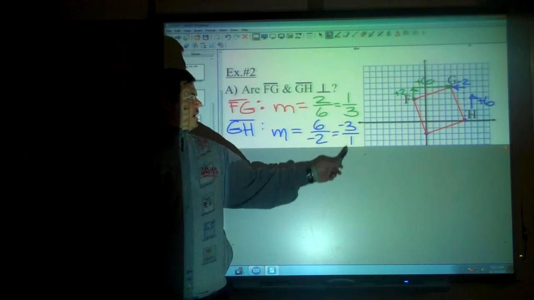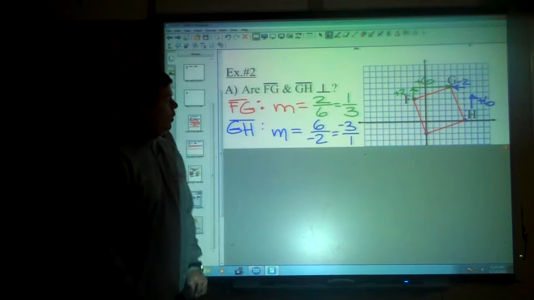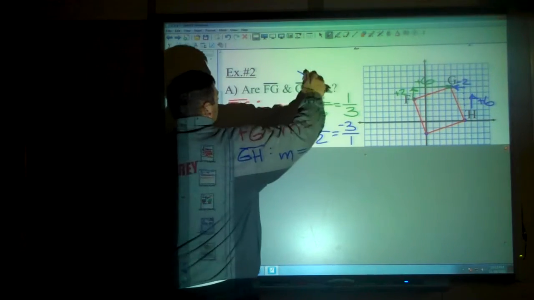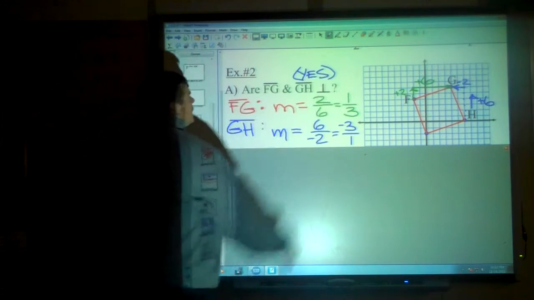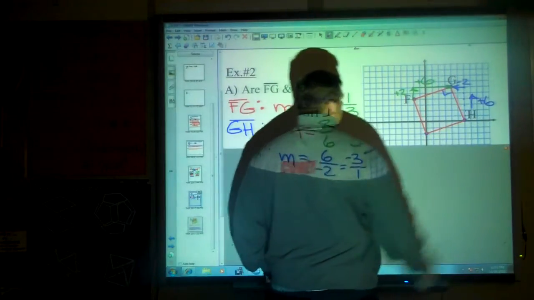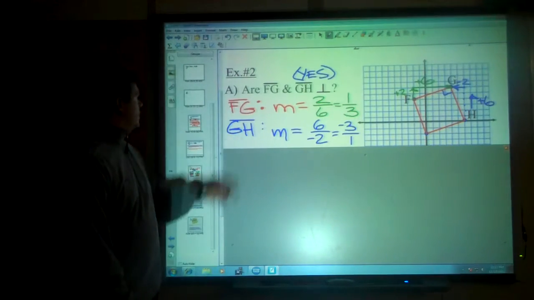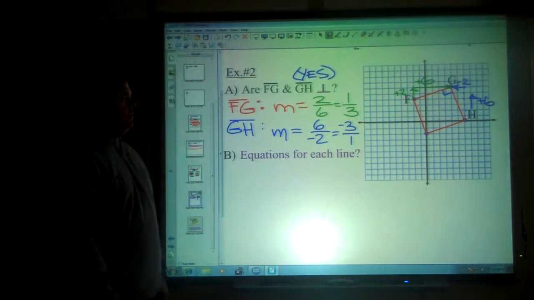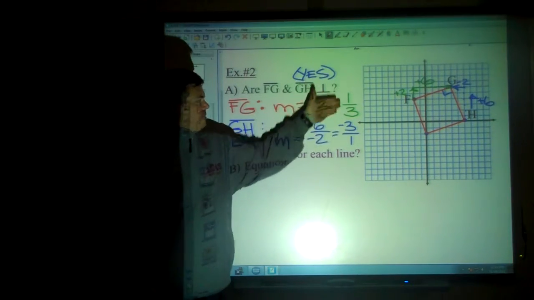They are opposites and they are reciprocals. Therefore, they are perpendicular. Yes, they are going to come together at a 90-degree angle. They are perpendicular. As far as the equations for each one of them, we have the slopes of each line.